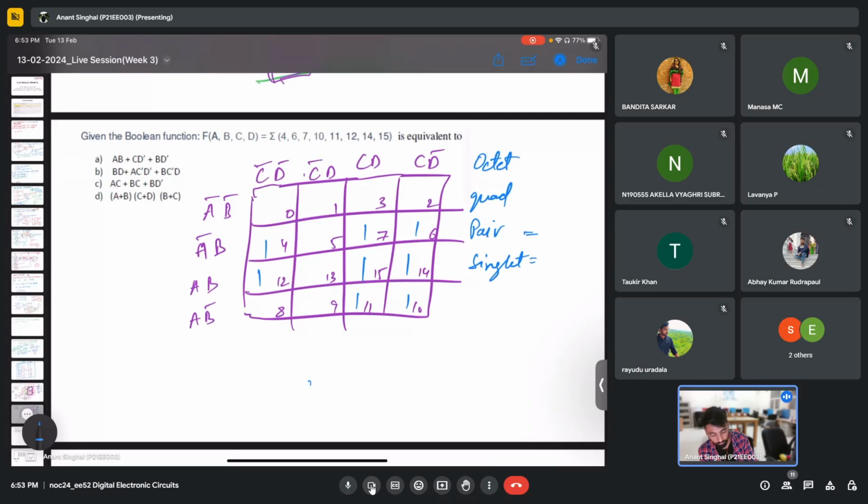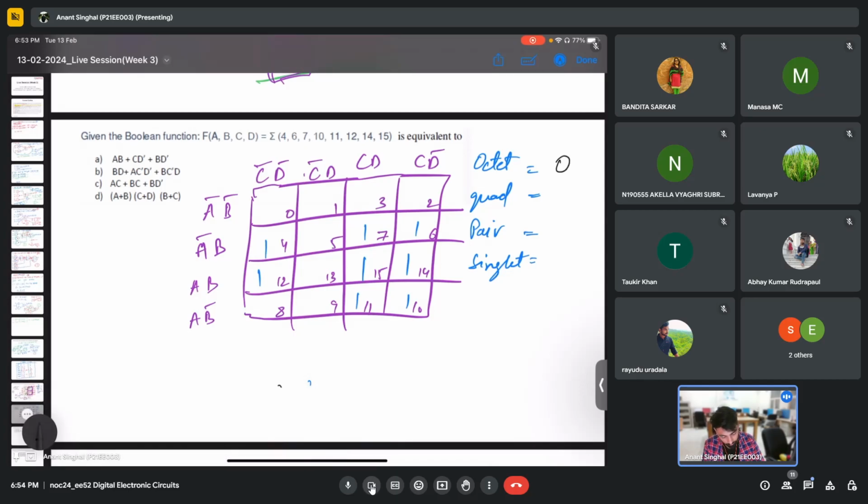So again, we'll check with the same priority: octet, quad, pair, and singlet. So quickly let me know these numbers, anyone. Anyone? The quads you are getting. Okay, so let's see. Anyone else with any other suggestion?